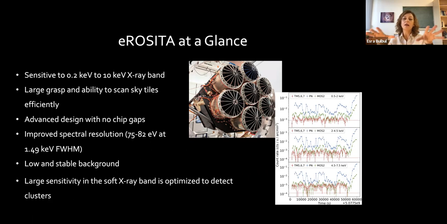The fact that our background doesn't change much, it could be the gift of the L2 orbit, and it is low, means we can detect many more of these objects, of course. Our noise level is low. And its large sensitivity, which I will show you in a little bit, is designed to detect clusters of galaxies.